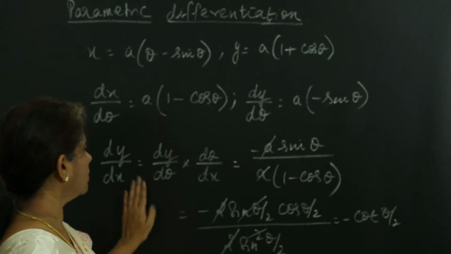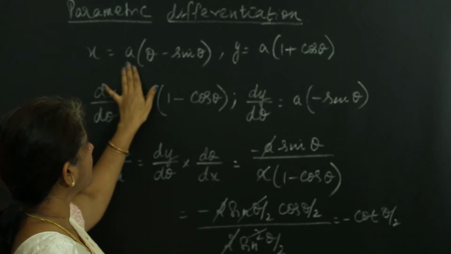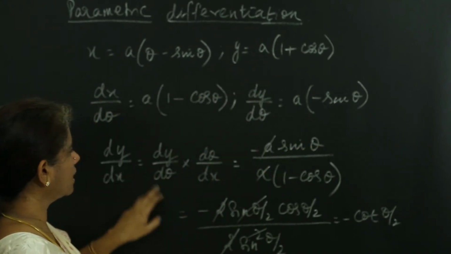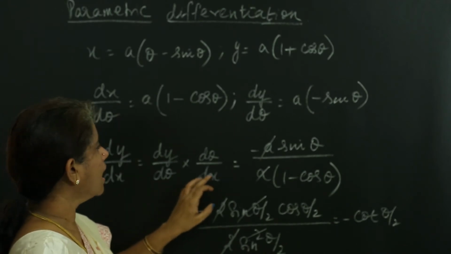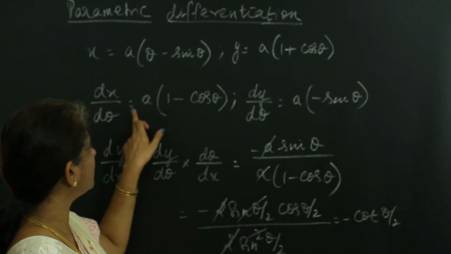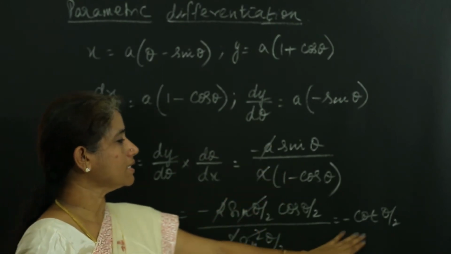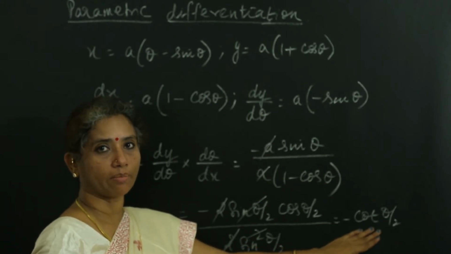This is very simple. If you are asked to find the derivative with respect to x, you differentiate x with respect to theta, y with respect to theta, and you know dy by dx is dy by d theta into d theta by dx. And remember, we have dx by d theta, therefore we are writing it in the denominator, and it is simplified, and then you get dy by dx is negative cot theta by 2.